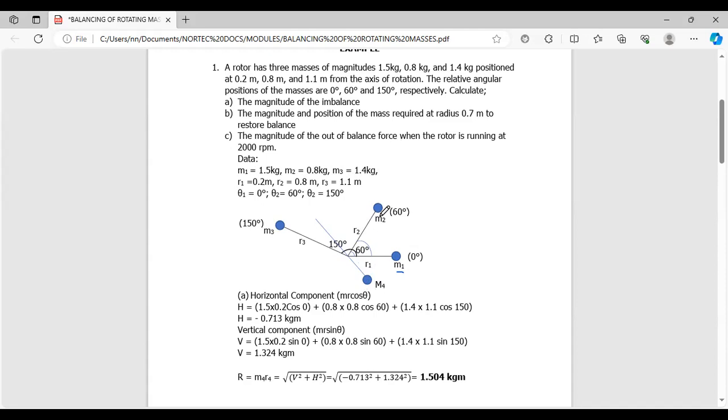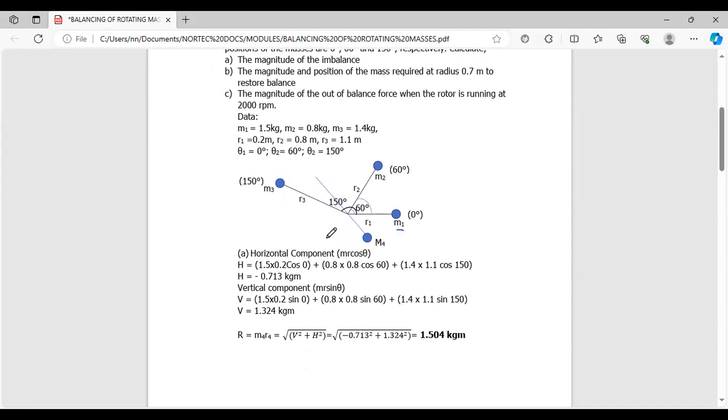R2 corresponds with mass number 2, positioned at 60 degrees. The third one, radius number 3, is positioned at 150. Since we've arranged these according to the angles, we now need to find the horizontal component as well as the vertical component. Later on, we combine them to find the amount of out of balance force.